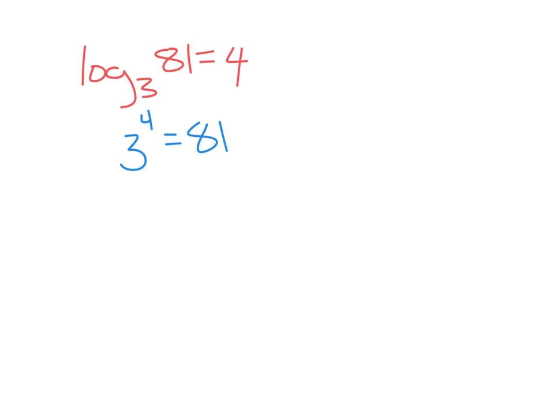The next section says write the exponential equation in logarithmic form. That sounds pretty easy. I'm looking at number 12 here: 9 to the 3 halves equals 27. What is that as a logarithm?